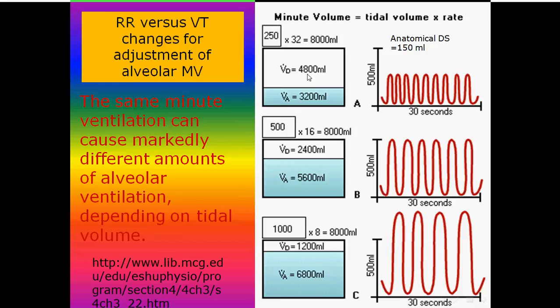So there is less loss when you decrease the rate, and the alveolar ventilation is increased. So if you want to change the ventilation, to change the partial pressure of carbon dioxide, it's better to make the change in the tidal volume, not in the rate. But keep in mind that for the tidal volume, you have a limit of the plateau pressure. This is an important point.